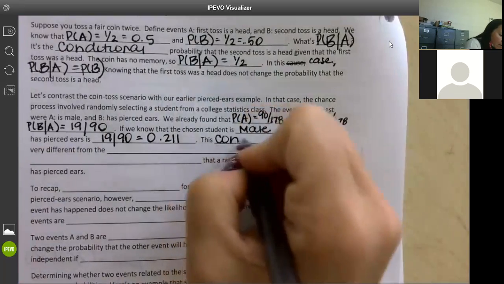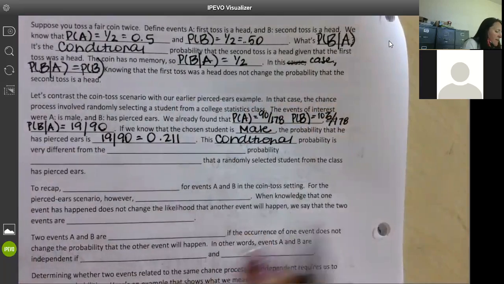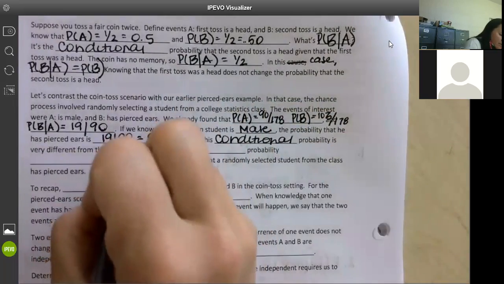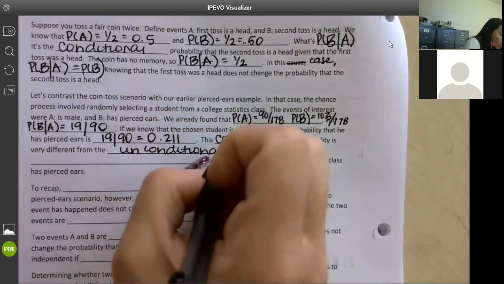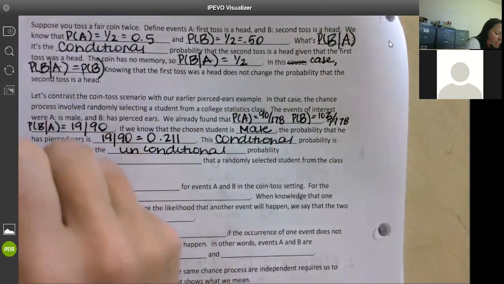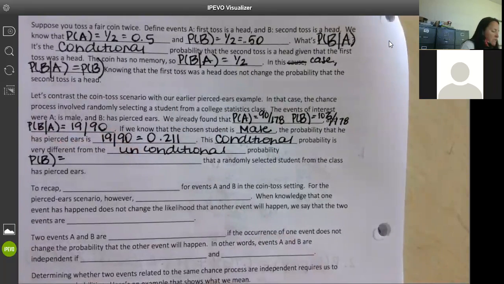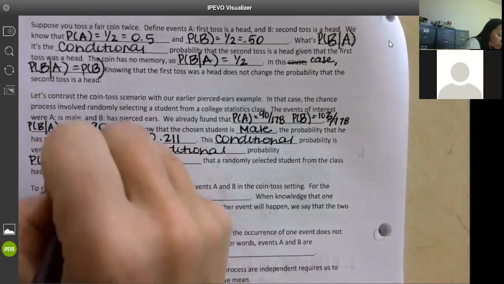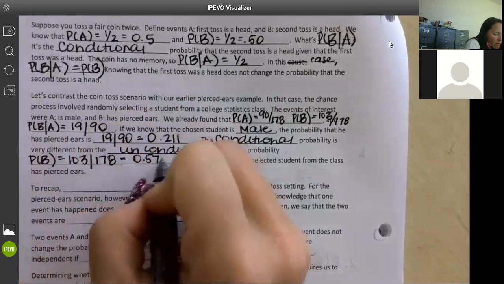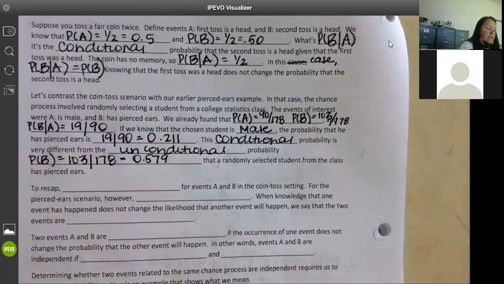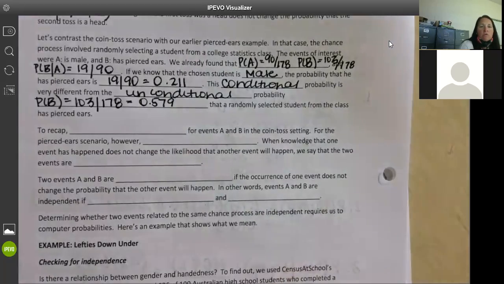This conditional probability is very different from the unconditional probability. Just having pierced ears was 103 out of 178, which gave you 0.579, that a randomly selected student from the class has pierced ears. So it makes a difference to have been given male to begin with.